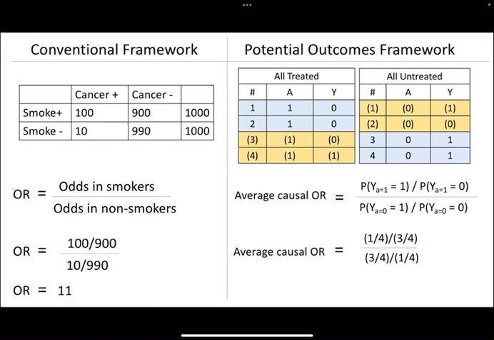So we can see on the right, all untreated table, we have 3 people who got the outcome out of the 4, so that's 3 over 4. And then the denominator of the denominator there is the probability of the non-outcome had no one been treated. So you can see that one individual, 2 there, didn't get the outcome. And that's 1 out of 4 didn't get the outcome. So it's a little convoluted, but we end up with an average causal odds ratio of 0.11, and that's just a coincidence that the other one was 11.